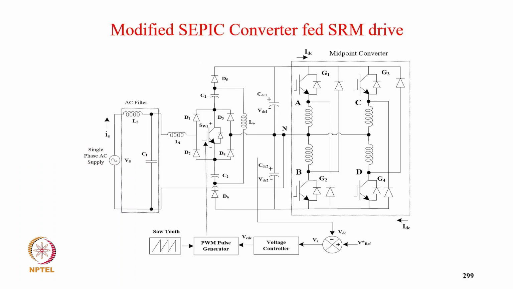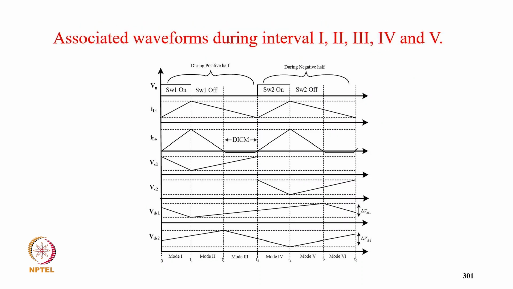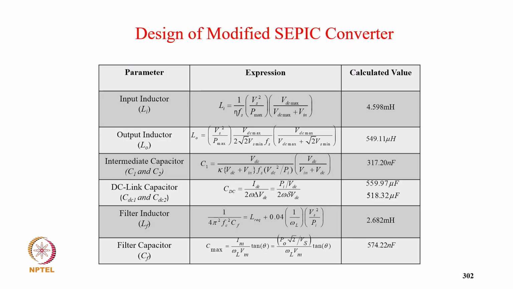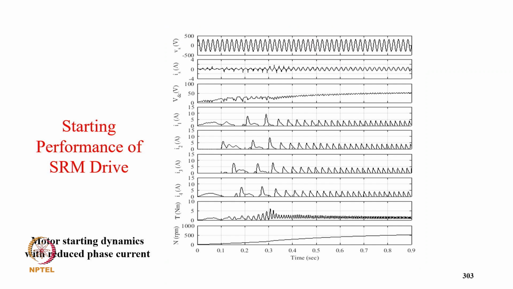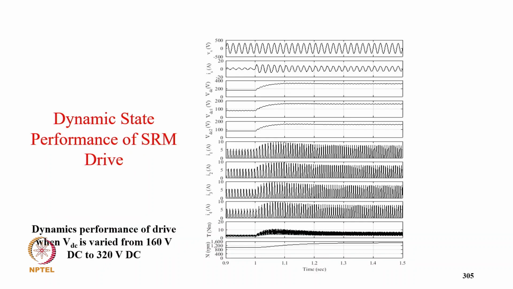This is a modified SEPIC converter with the midpoint and the different modes of it. Then the typical current waveforms of the different signals, the design parameters, and the starting performance of this motor with the converter, and then the steady state result. You can see supply current in phase with the voltage and DC-link voltage, then both capacitor voltages, four winding currents, the developed torque of the motor and speed.